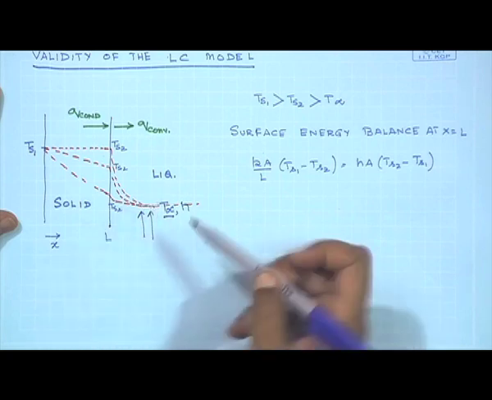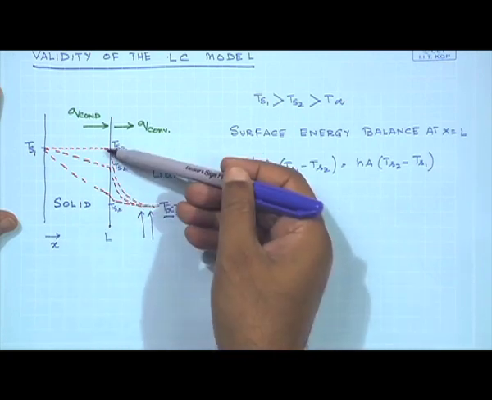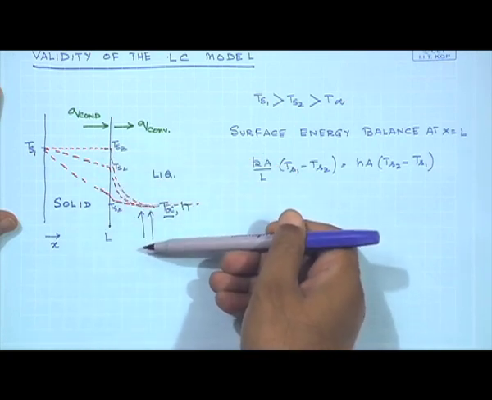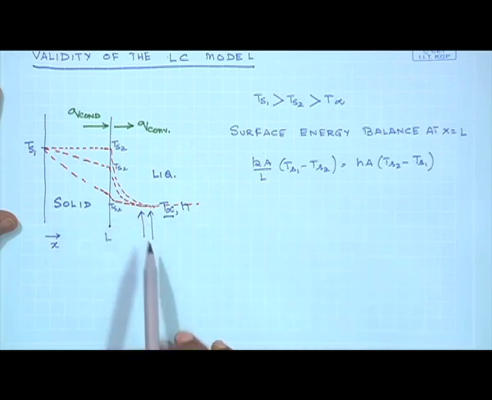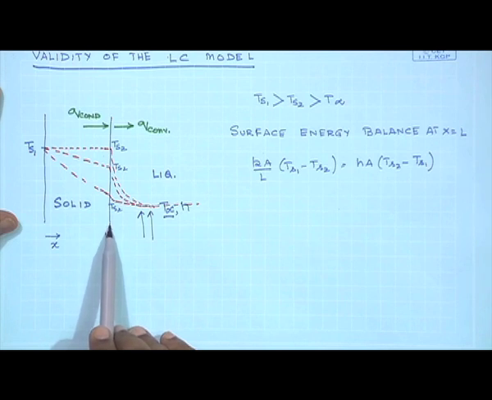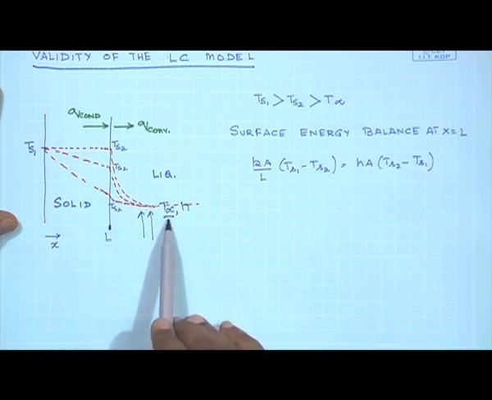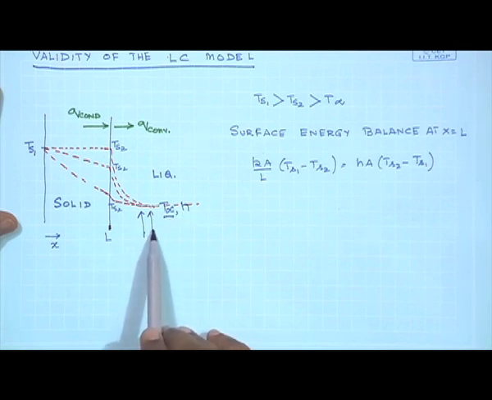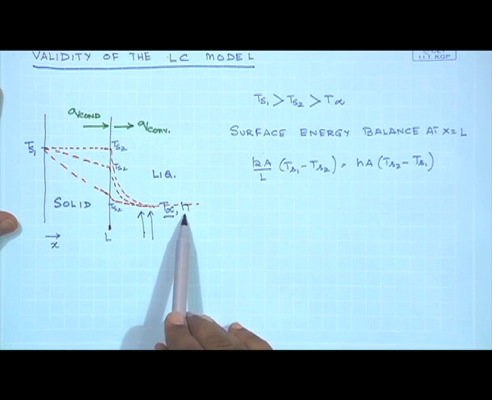There is a flow of a fluid past the solid object which would carry heat away from the solid because of convection. So, this boundary, x equals L, of the solid is experiencing a convective heat transfer process due to its interaction with a fluid whose temperature is T infinity, and the flow of the liquid maintains a convective heat transfer coefficient denoted by h.